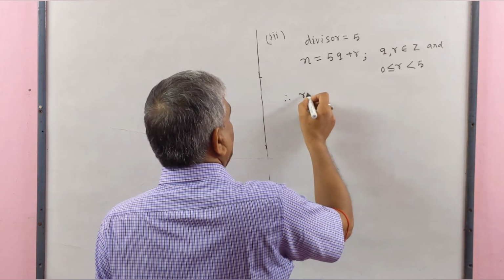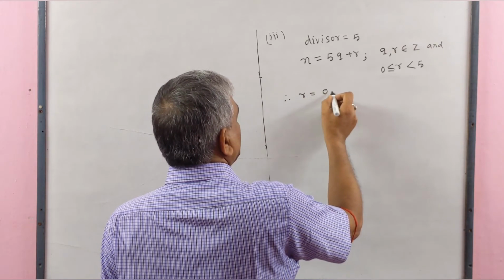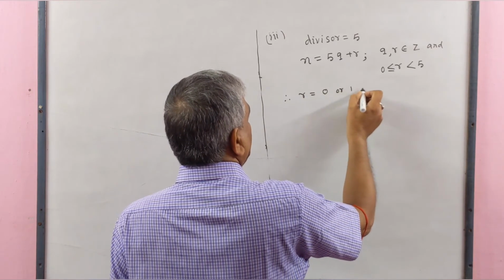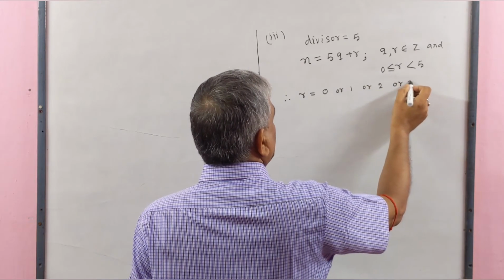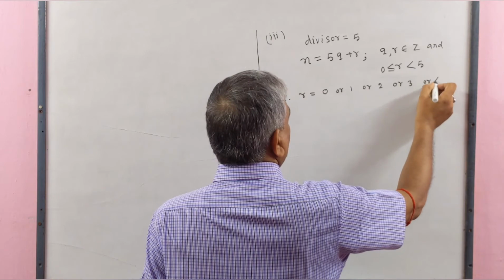Therefore, r equals 0 or 1 or 2 or 3 or 4.